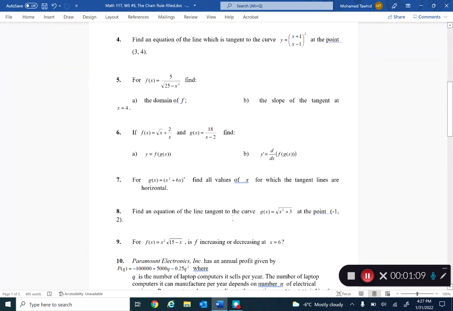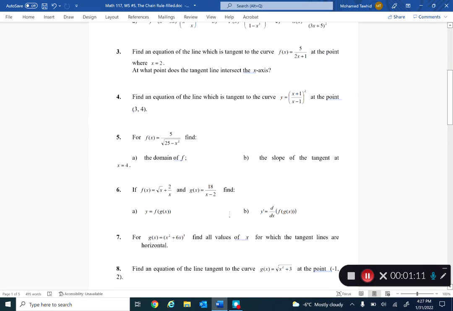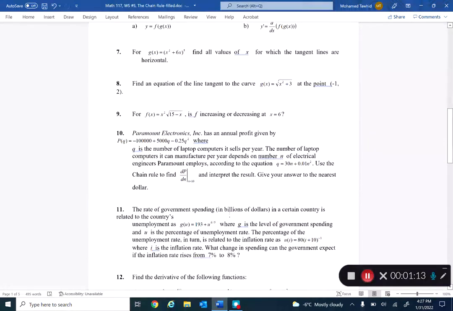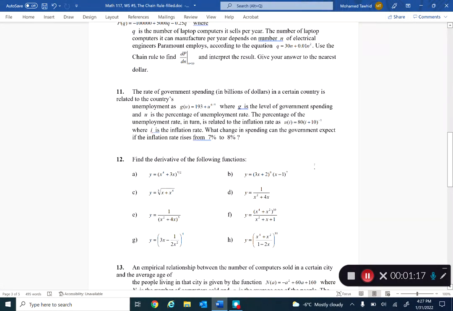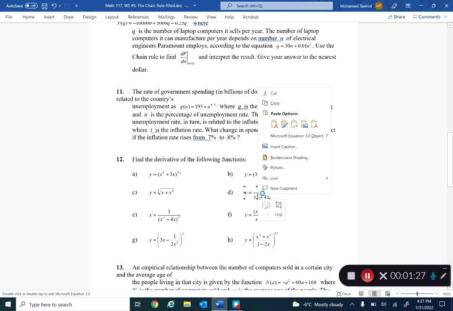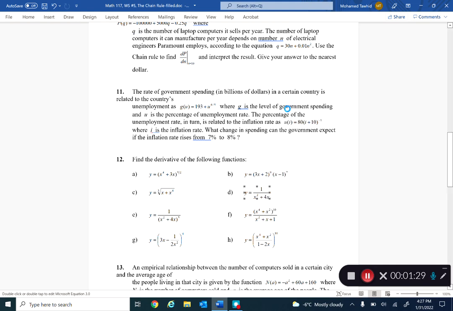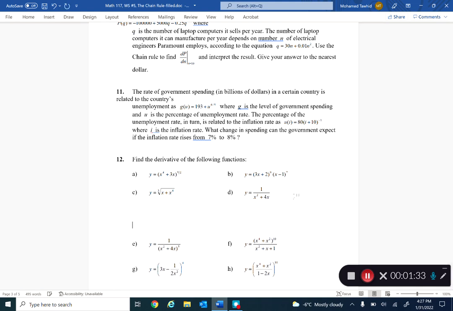Let me take one of these problems that I think we are able to solve. Maybe I go to number 12 and just apply the power rules. Maybe I go for D. So how do we solve D using the power rule?